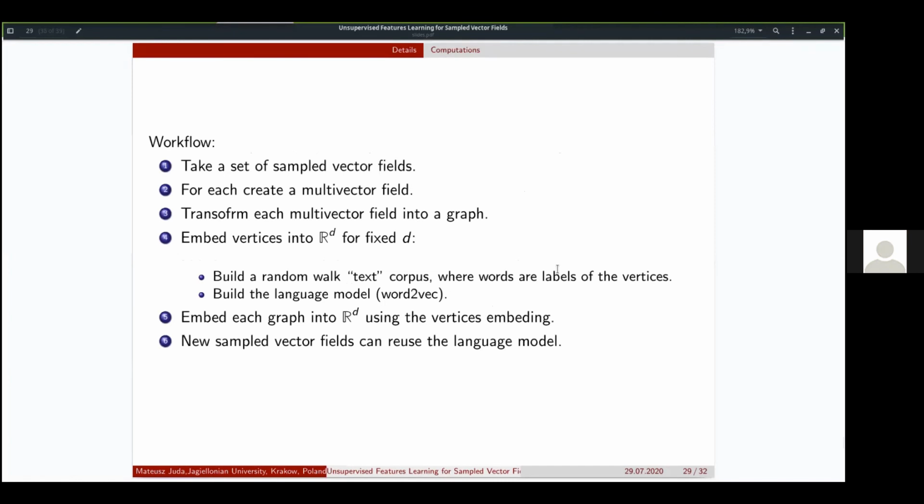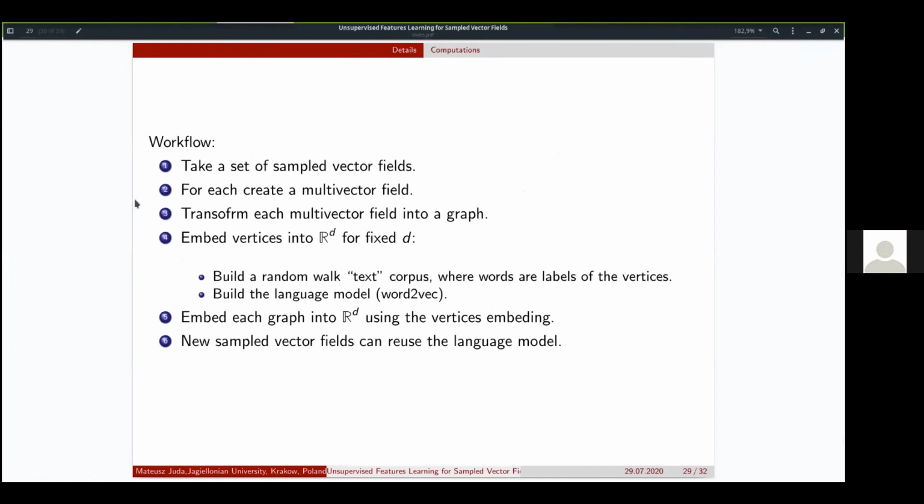And let's go back to our problem. So what can our workflow look like? Let me remind you that we started from sampled vector fields. This is our input data. For the sampled vector fields, we create the simplicial complex by Delaunay triangulation. And on that triangulation, we create the multivector field.